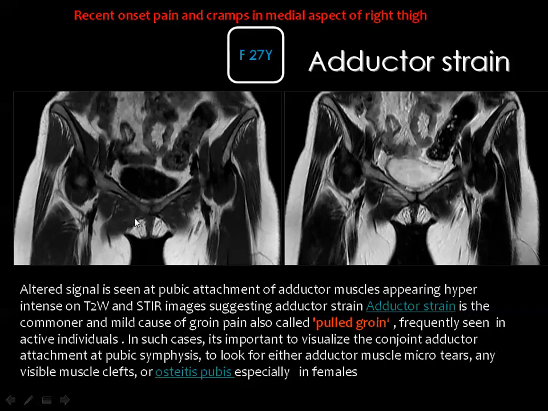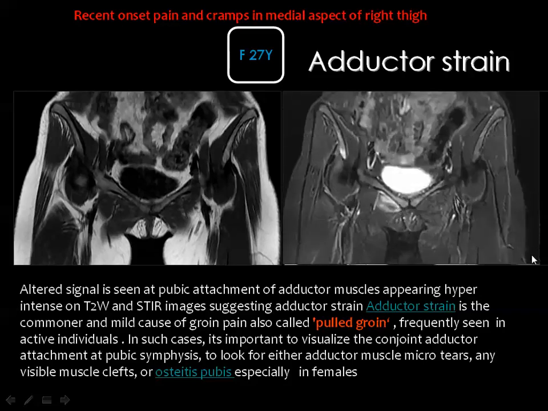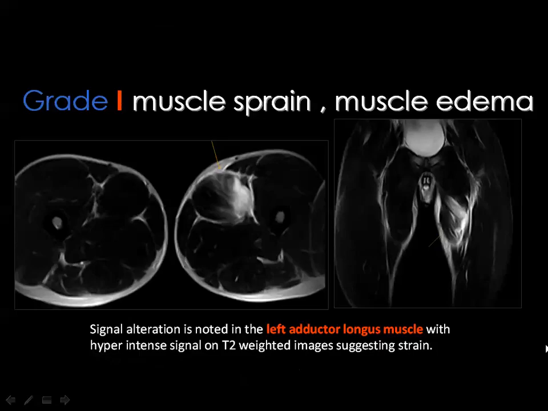Then you cannot see the changes. While in the T2 weighted image you can see edematous changes, and these changes are best appreciated in the STIR image, where you can see brightness compared to the darkness of the muscle around. And this is also an adductor longus muscle edema.